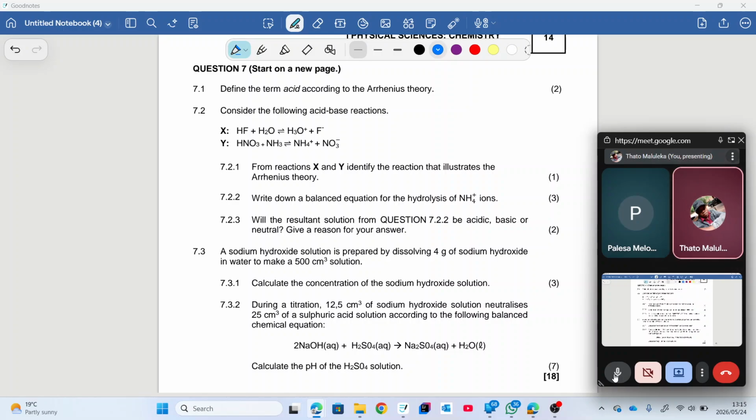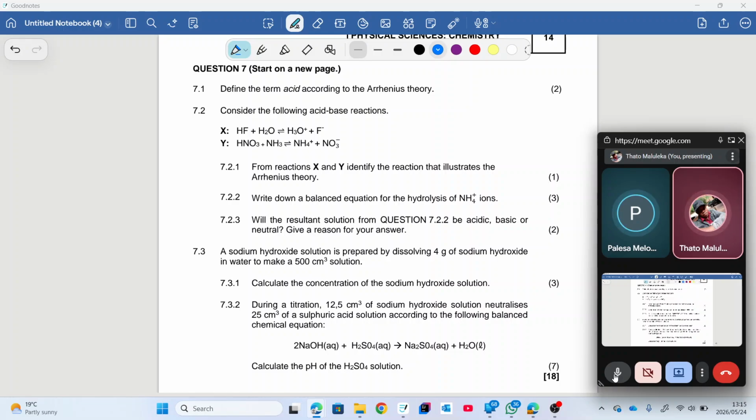Now we are asked to define the term an acid based on Arrhenius theory. Remember, we've got an Arrhenius theory.